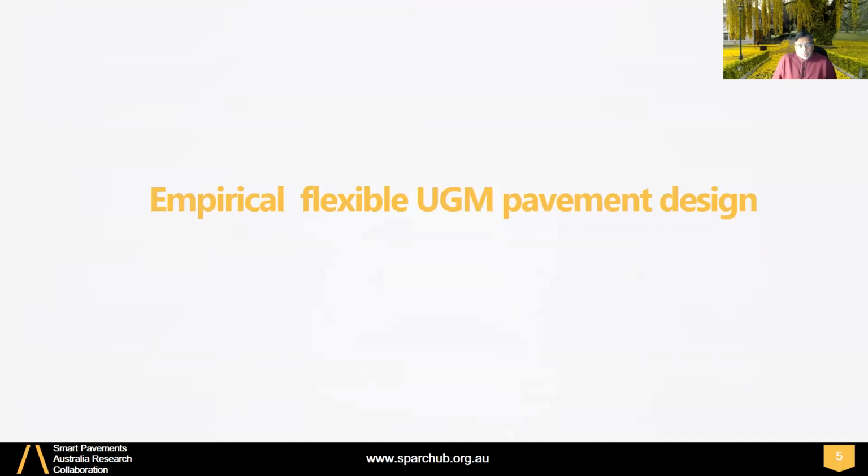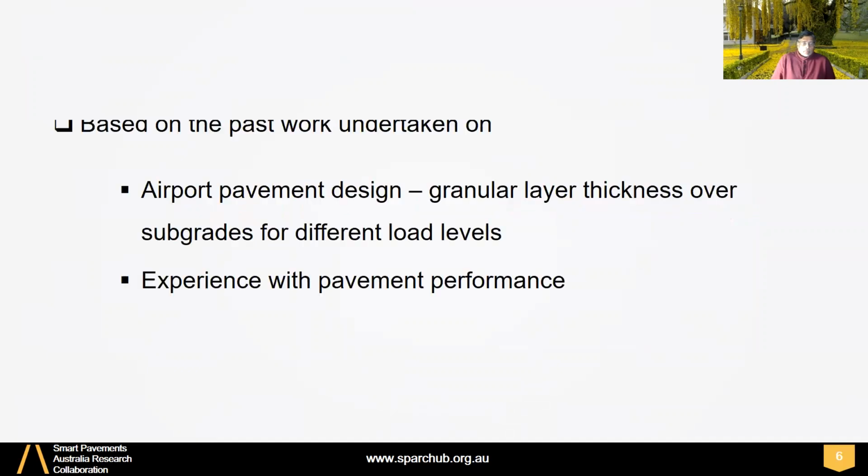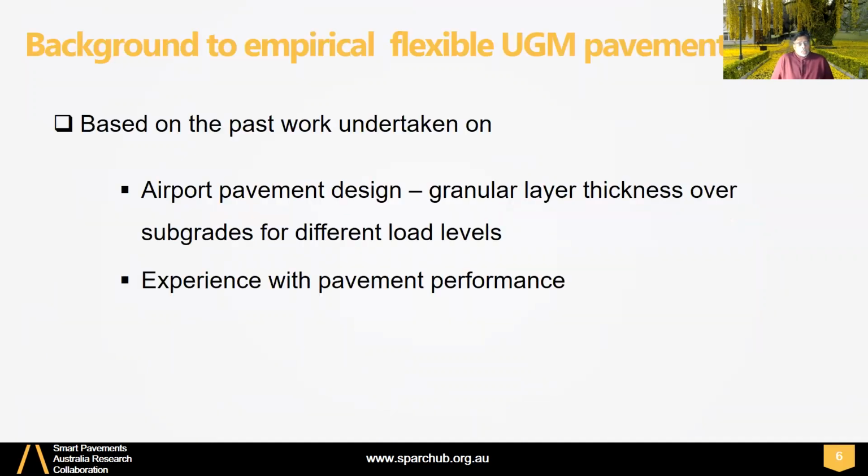So the first part of the webinar today is empirical flexible unbound granular material, or UGM, pavement design. As you know, unbound flexible materials constitute about 90% of the Australian pavement system.